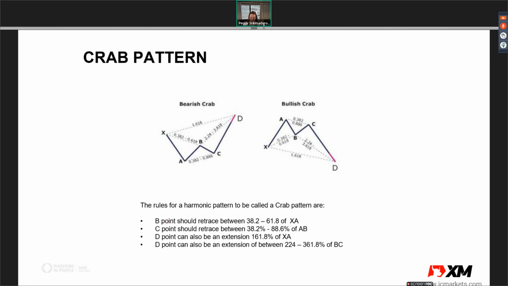How are you going to get the B point? B should retrace between 38.2 to 61.8% of XA, and then you get a B point, right? And the C point retraces between 38.2 to 88.6% of AB, and then you get a C point here.